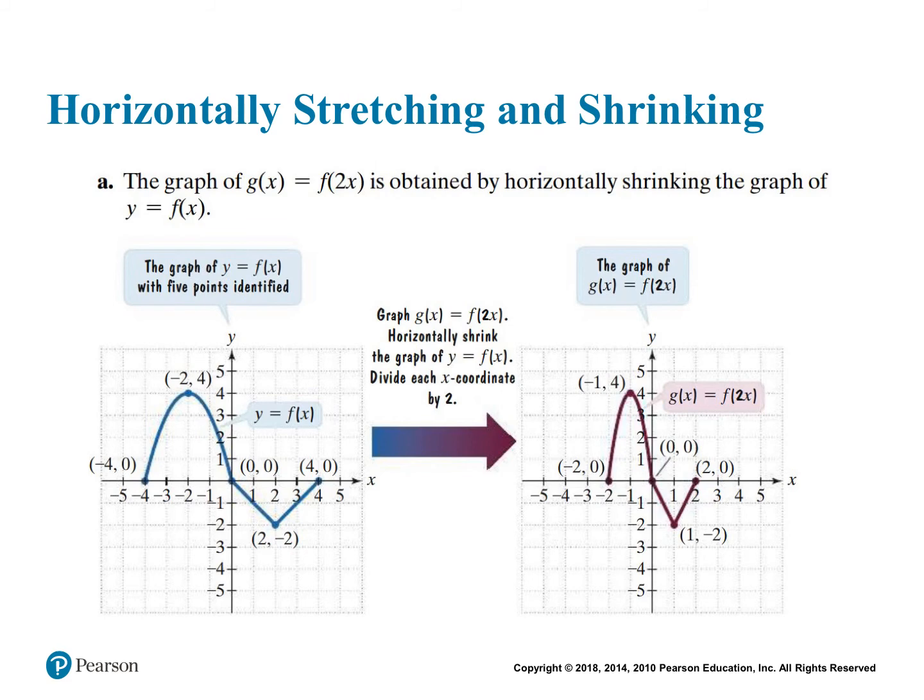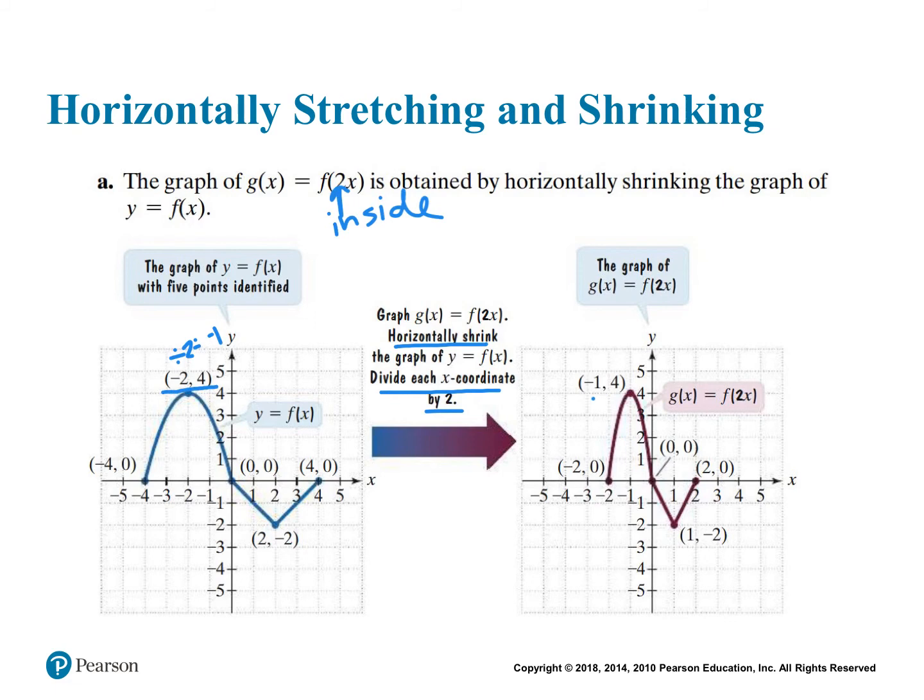Okay, here's another one to look at. So you notice the 2 is on the inside. So we're going to horizontally shrink by dividing each x coordinate by 2. So if I look at my -2, 4, if I divide the x by 2, I get -1.